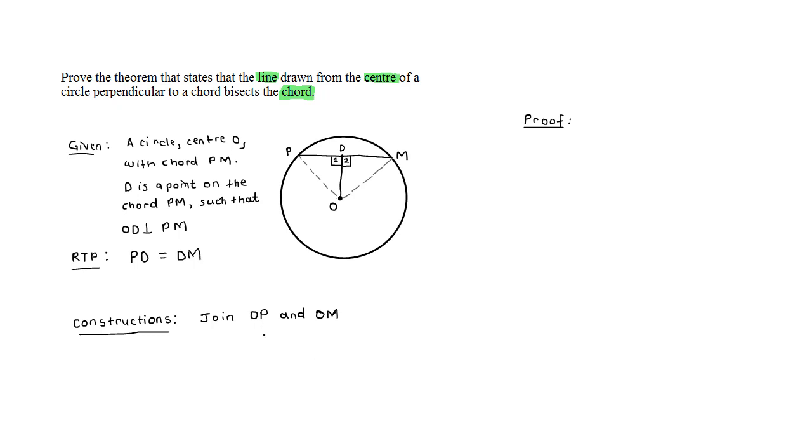In our construction, you can even put over here that as a result of joining these two points, OP and OM, triangle ODP and triangle ODM are right angles.